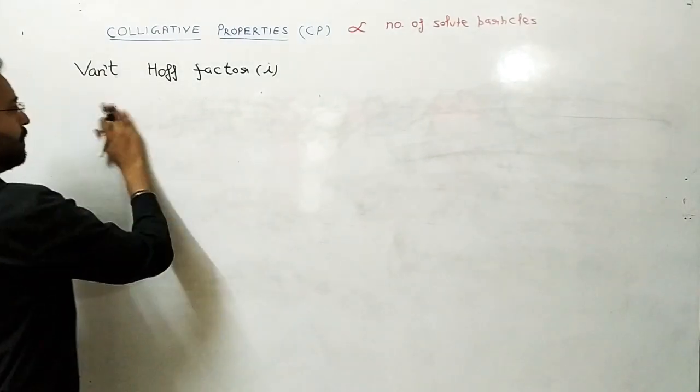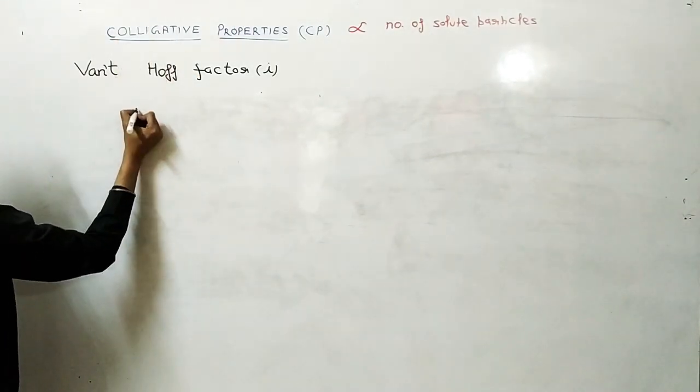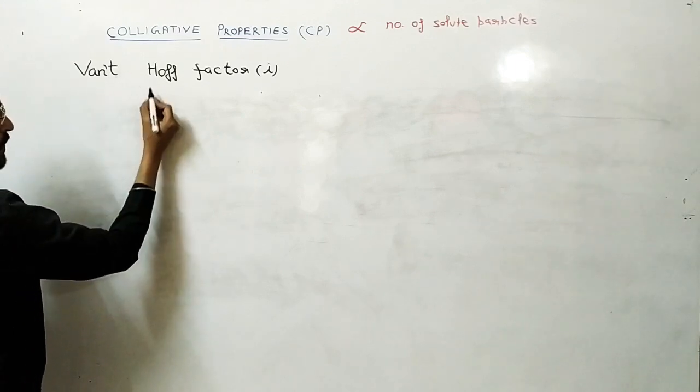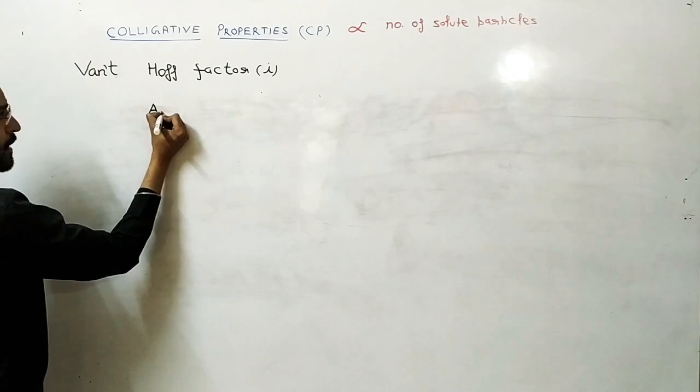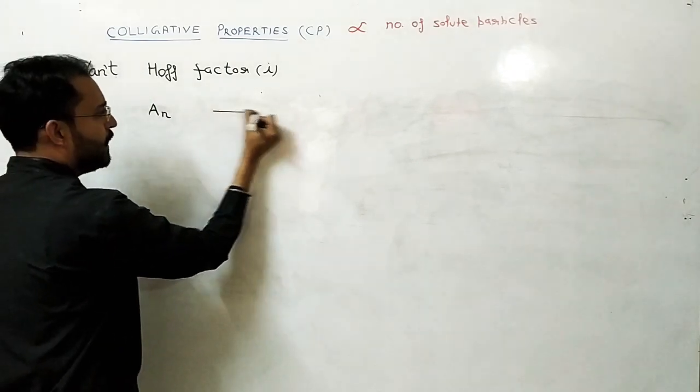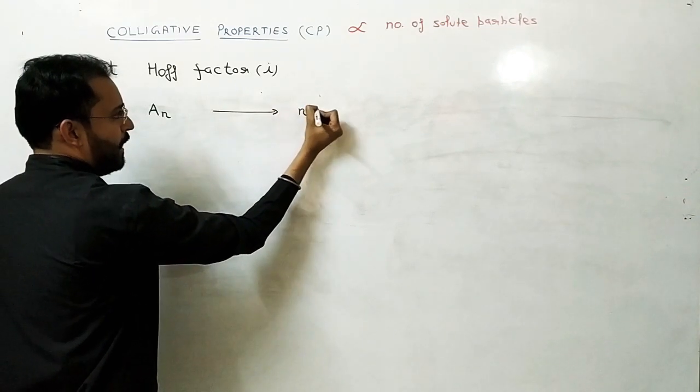For a general relationship, consider electrolyte AnBm, which dissociates into nA plus mB.